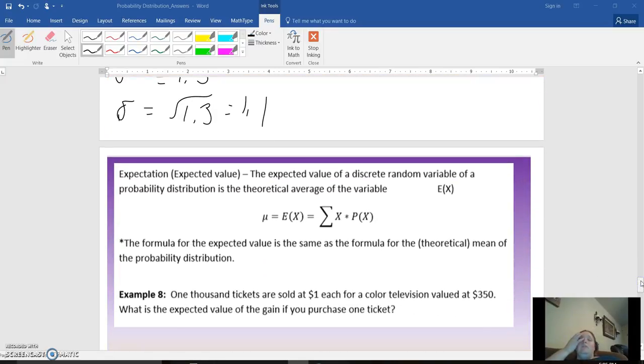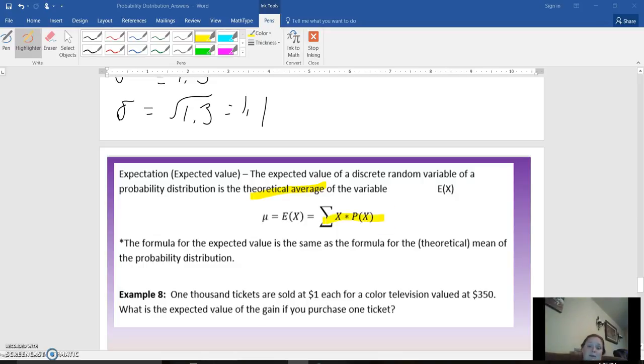So expected value is useful when you're trying to find the expected value of a game, such as craps, like the game in the casino, or blackjack, or roulette, or the lottery. And an expected value is the exact same thing as the average. Okay?